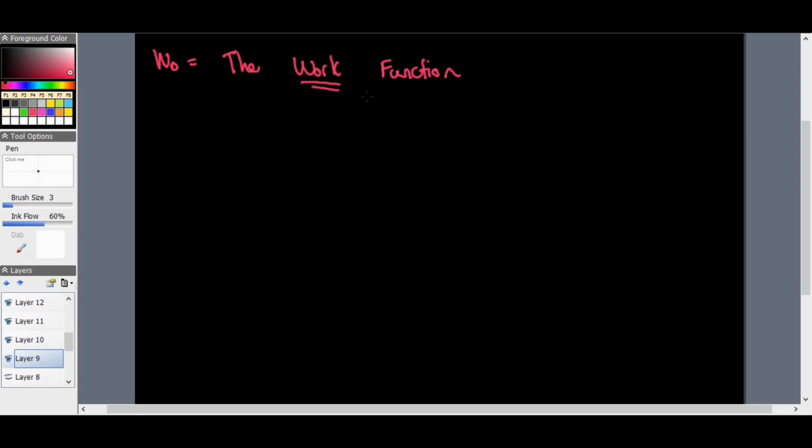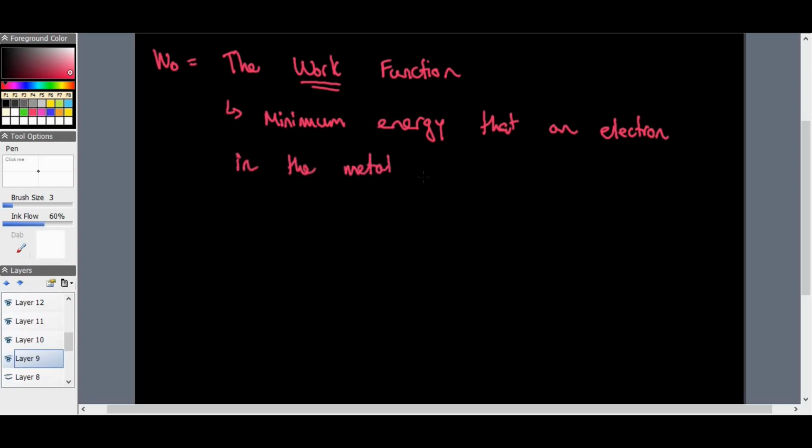Now we need to define what the work function is. By definition, the work function is the minimum energy that an electron in the metal needs to be emitted from the surface of the metal.